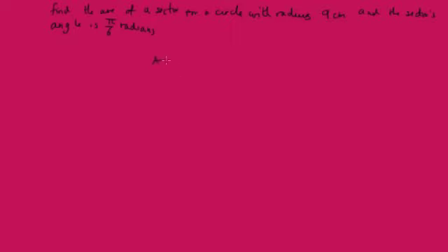So the area of the sector equals a half r squared theta, and that's equal to half times 9 squared times pi over 6.